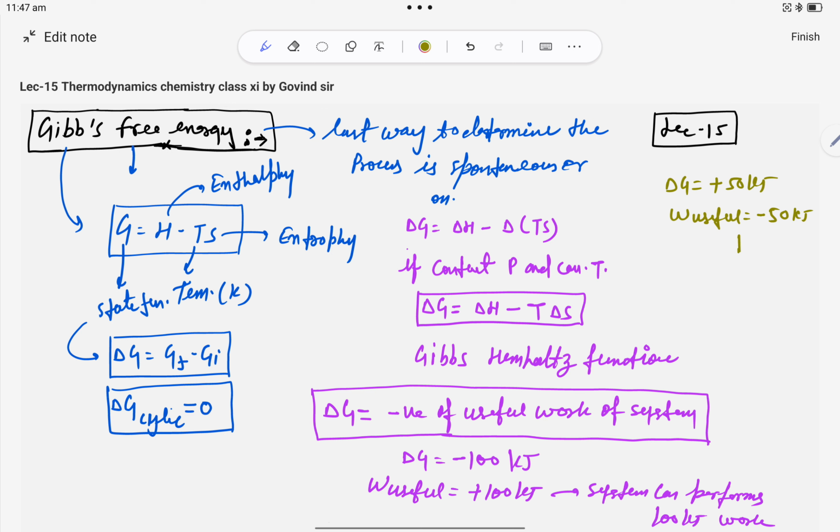That means to develop the system, give 50 kilojoule energy.